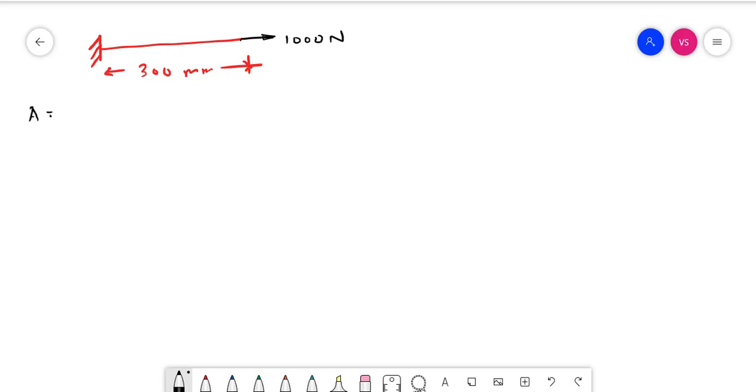Area A of the bar is given as 100 square mm and E is given as 2E5 megapascal.